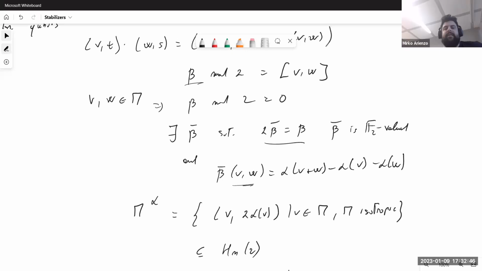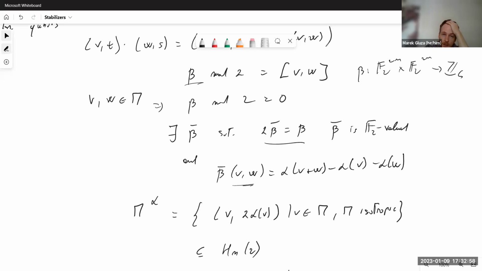Yeah, actually, beta is mapped from F2 to the 2n into Z4. Yeah, because it comes into this Heisenberg argument. Exactly. And actually, you always have to take care when you have things that are mod 4 or mod 2.